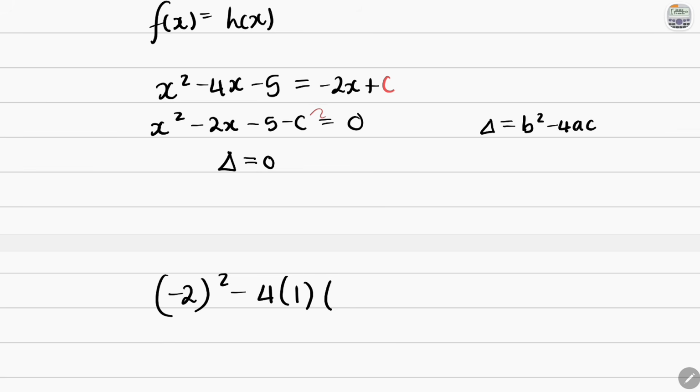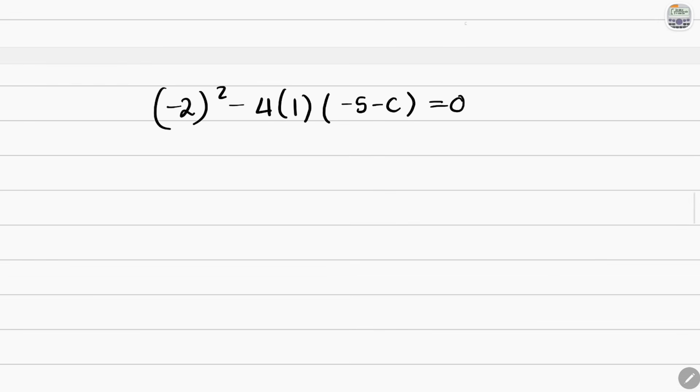Despite the fact that this is a letter, it's still part of c. So negative 5 minus c, and we're going to say it is equal to 0, not greater than 0. So negative 2 all squared is 4, and then this just becomes negative 4. If you distribute that in, you say negative 4 times negative 5, which gives you positive 20, and then times negative c, which gives you positive 4c is equal to 0.